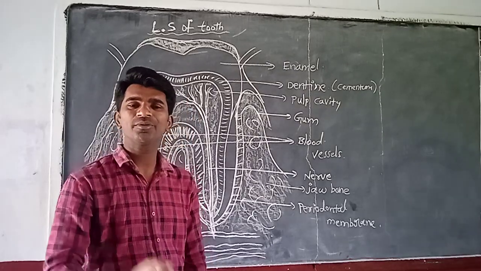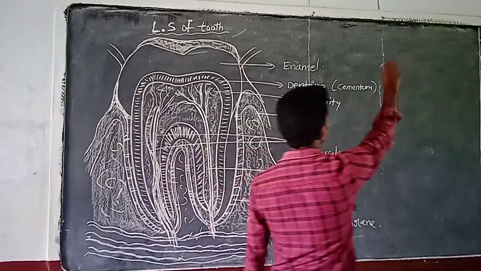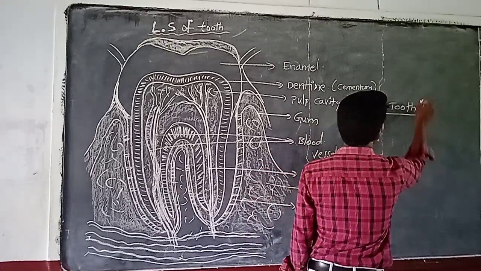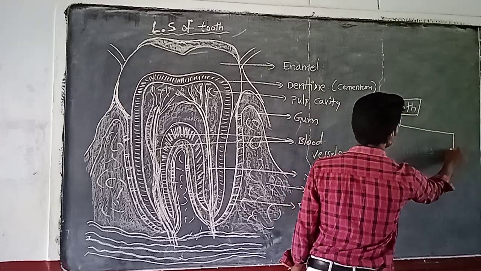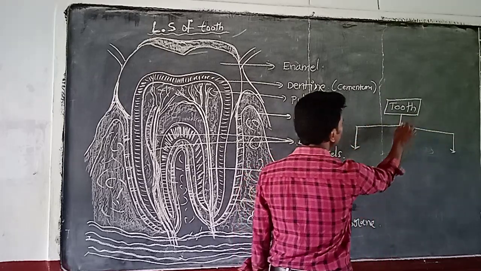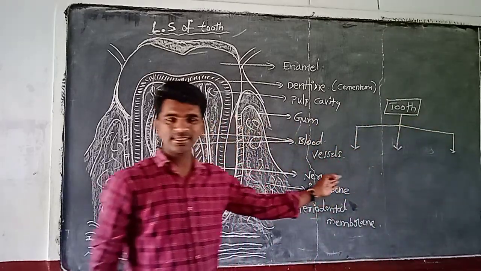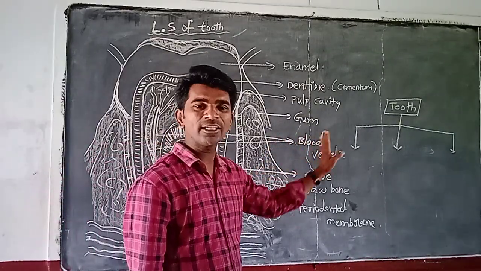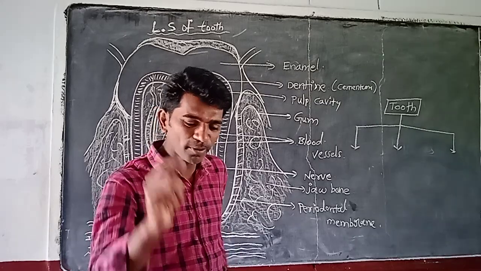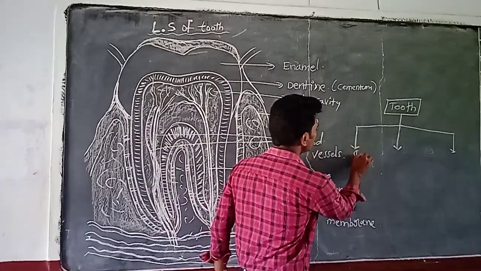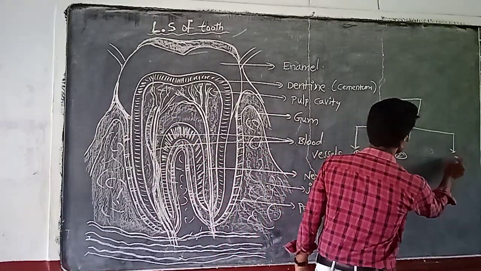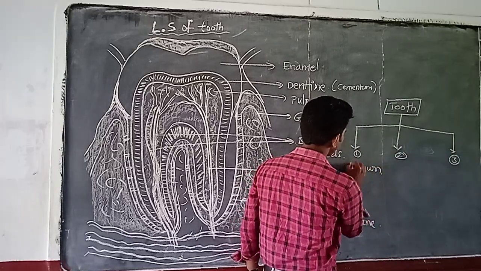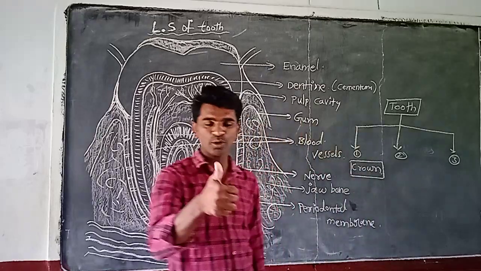The tooth has three major parts. What are the three major parts? Let us see. The first part is the crown.